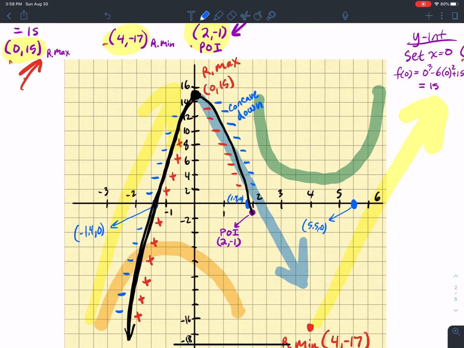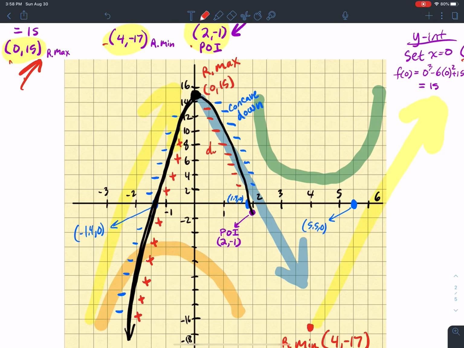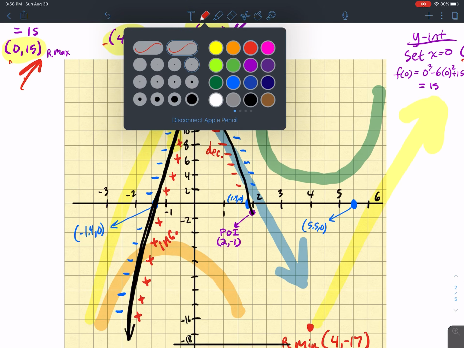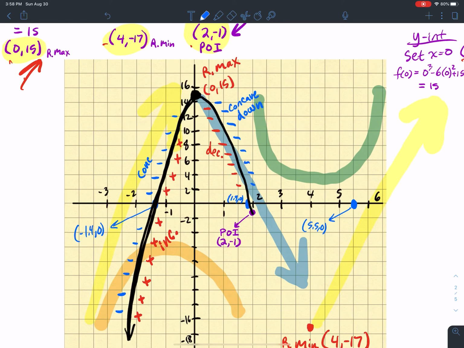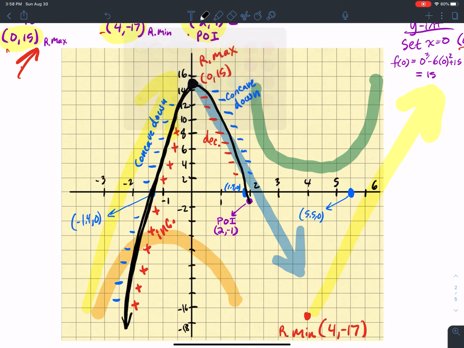This side is telling me that it's decreasing. And this is telling me I'm increasing. And this is telling me I'm still concave down. So if you want to write that on there so that I know what you're talking about, if you're having trouble drawing it, being an artist isn't quite your thing, then you need to write it out so that I know what it is and you're not just putting straight lines. If you put straight lines, you're going to lose credit for the concavity part.